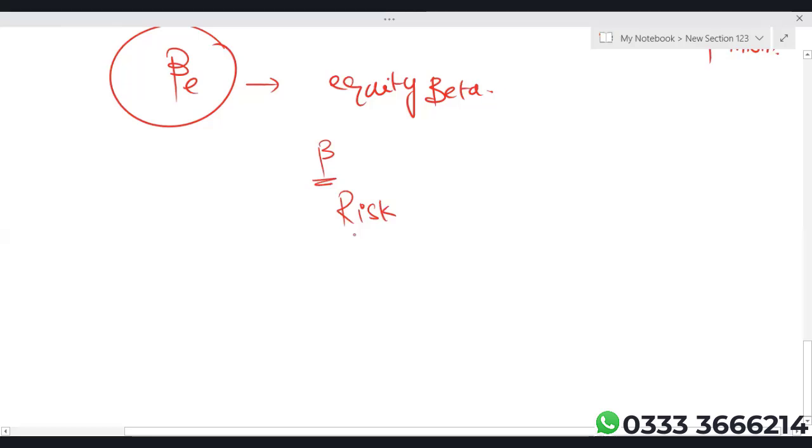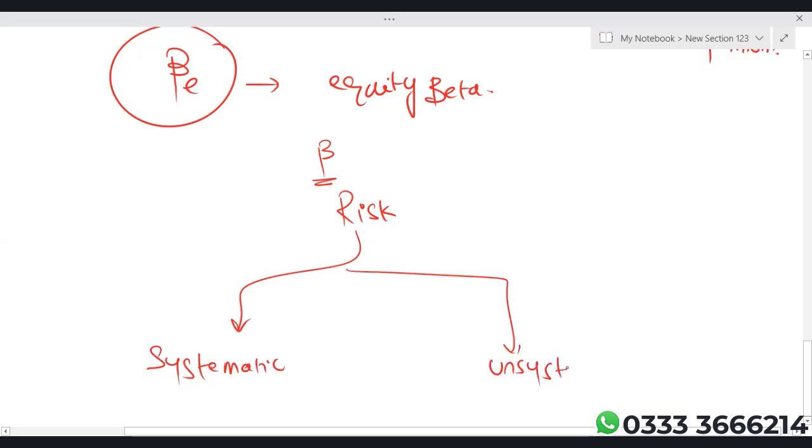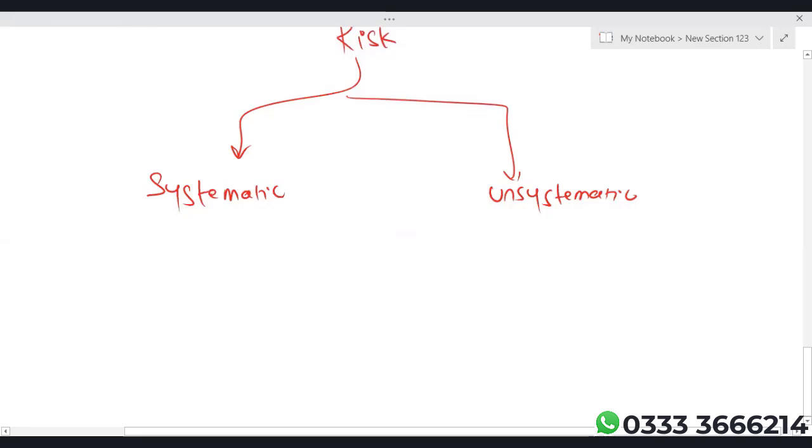When we say risk, logically, there are two types of risk: systematic risk and unsystematic risk. Unsystematic risk is a diversifiable risk.